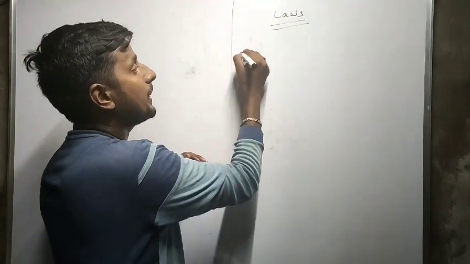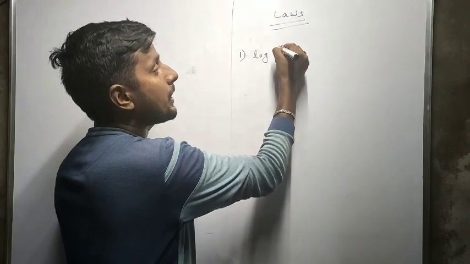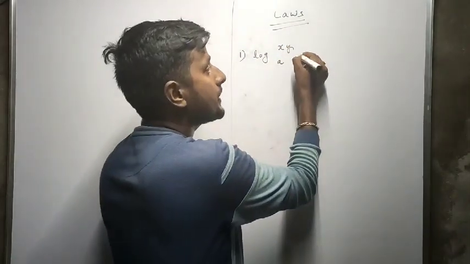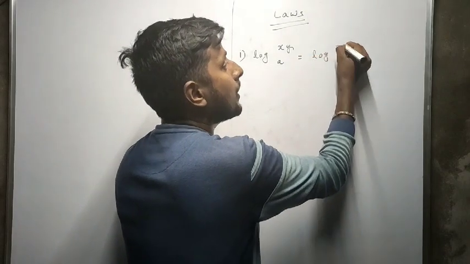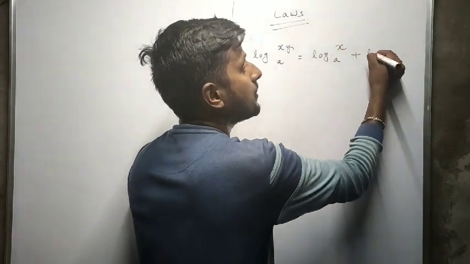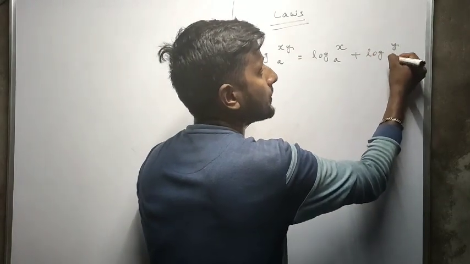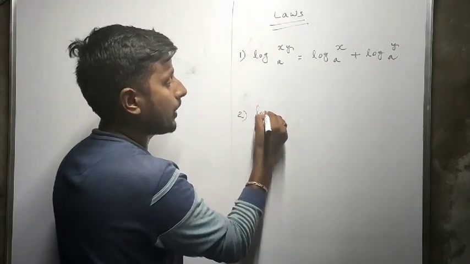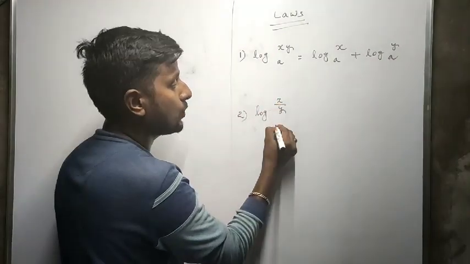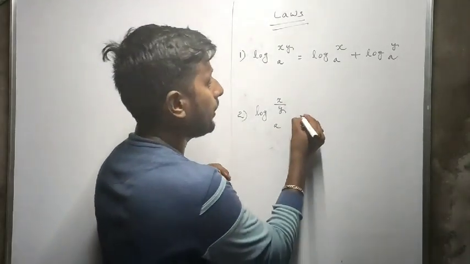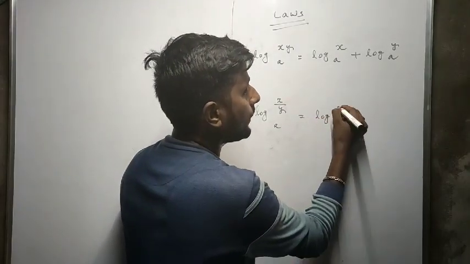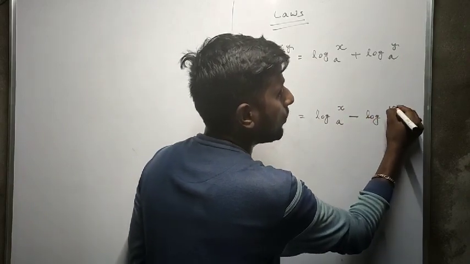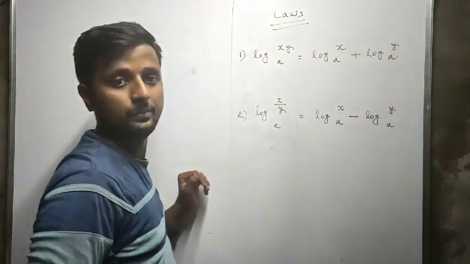First, log xy, the product x into y, to the base a is equal to log x to the base a plus log y to the base a. Next, log x by y to the base a is log x to the base a minus log y to the base a.